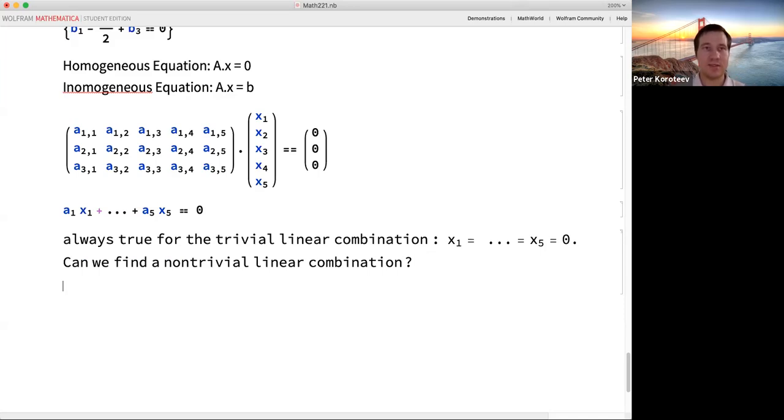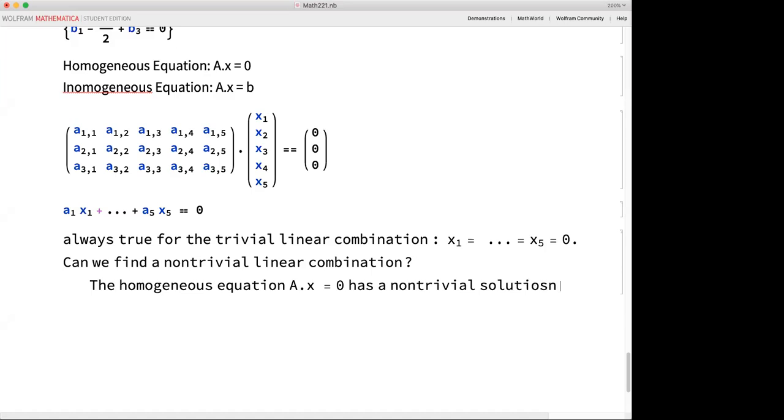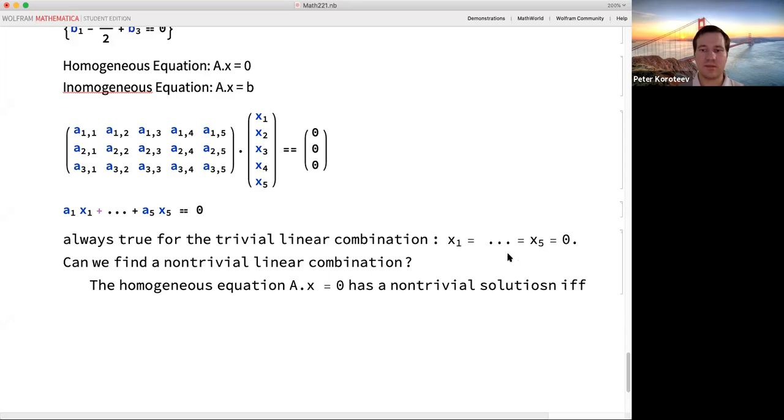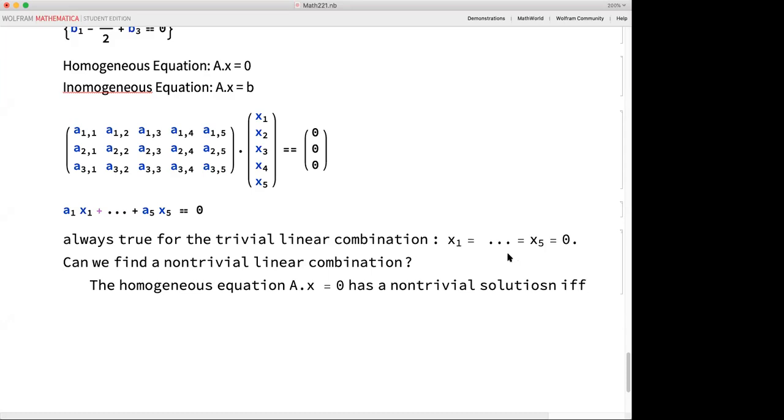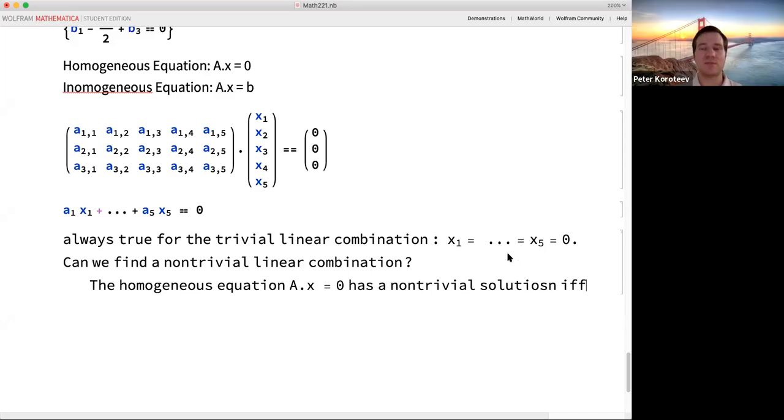So here's the statement. The homogeneous equation Ax equals 0 has a non-trivial solution if and only if the equation has at least one free variable.